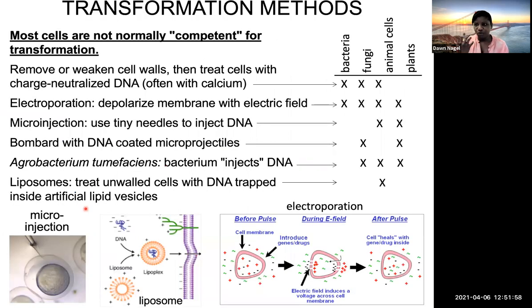And this is, of course, not the only way to transform any type of cell. There are many different ways that you can transform a cell, depending on the organism. So the question is, which one might cause more stress on the organism?